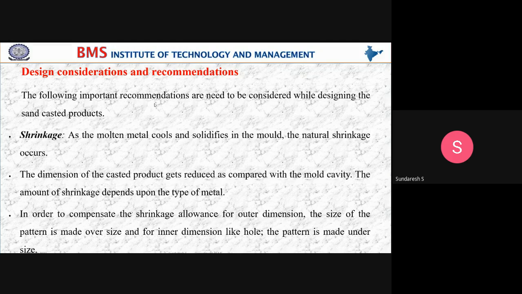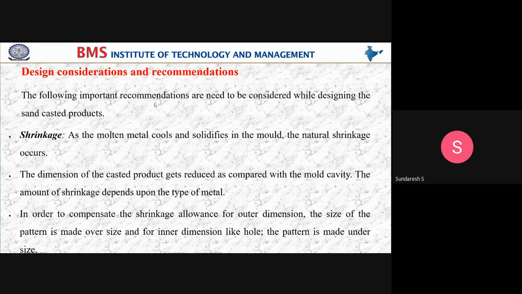As we discussed, the material will shrink on solidification, so we need to compensate for that because we need a component of a particular dimension.